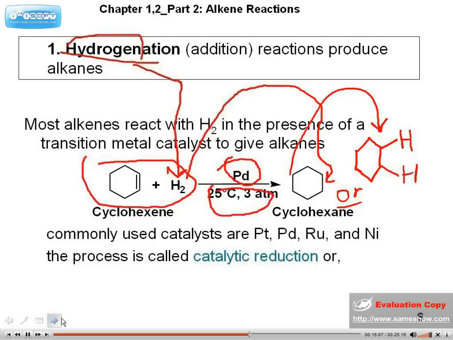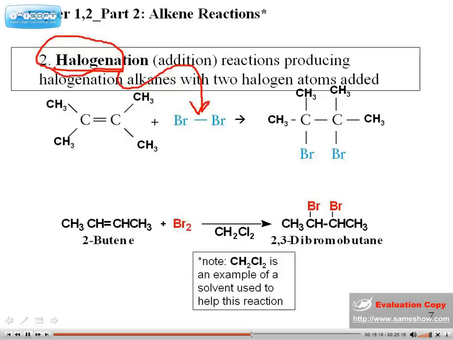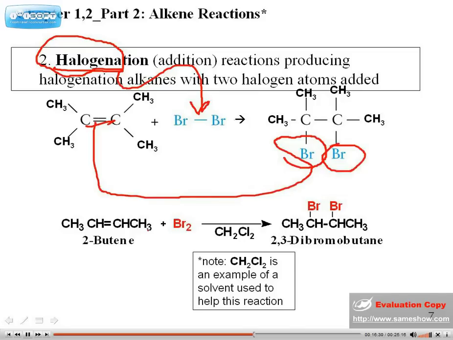Moving on. Here is halogenation. Hey, what do you think we're adding in? Duh. We're adding in halogens. Again, the bond breaks and it forms a saturated hydrocarbon derivative with two brand new halogen atoms attached. I could change this and add in Cl2 for chlorine gas.